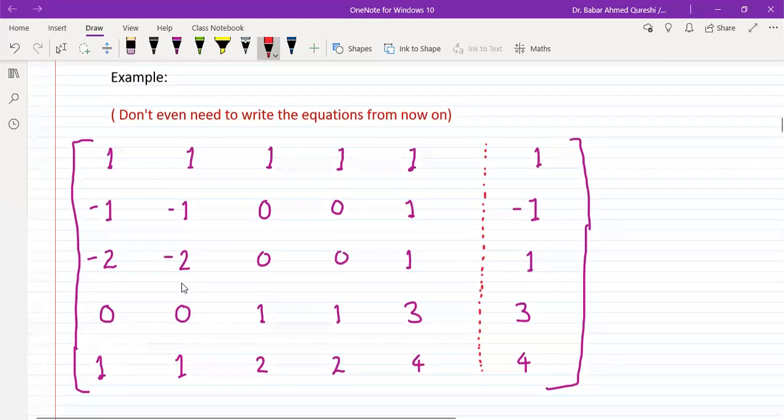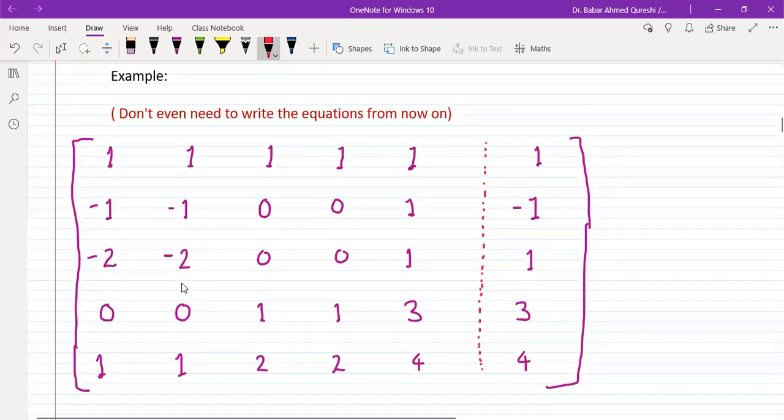So as always, let's start with an example. Because we are a little bit familiar with associating a matrix with equations, I'm not even going to bother to write the system of equations. I just give you the augmented matrix, and you know that you are given a system of linear equations. First of all, since the coefficient part has 5 columns, that means you have 5 variables.